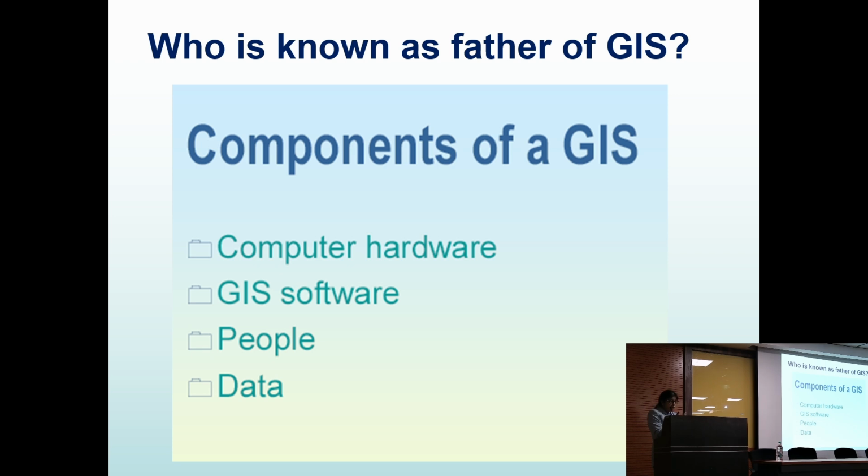And who is the user? There are two types of user. One is the general user and another is the analyst. A general user cannot handle each and every tool and menu of GIS software, but like an administrator, he only needs some tools and buttons to get the answer to his query.